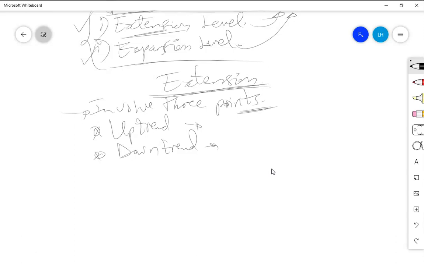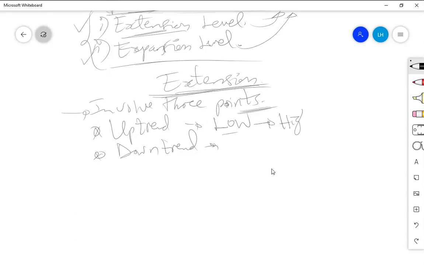So in an uptrend, we need three points. We need the first point, which is a low. We will measure extension in an uptrend by taking the prior low to the high.